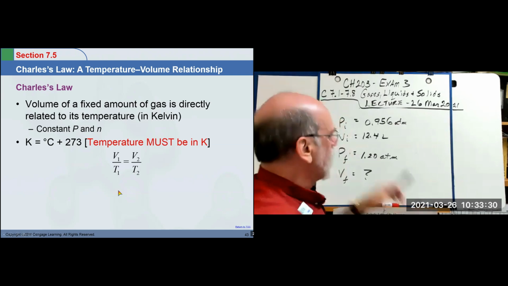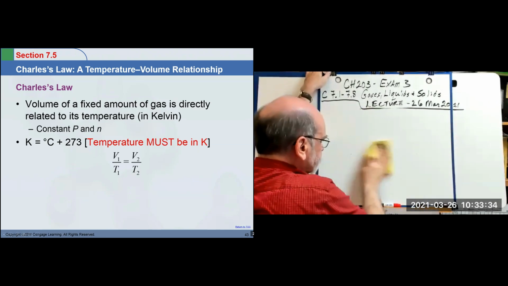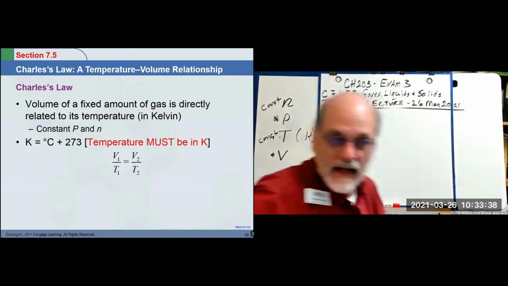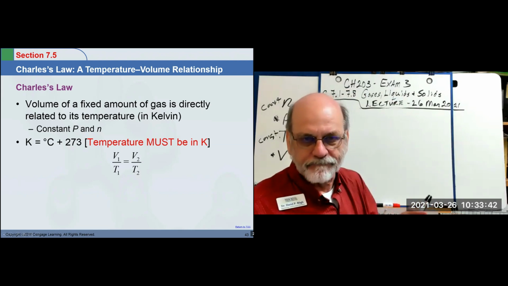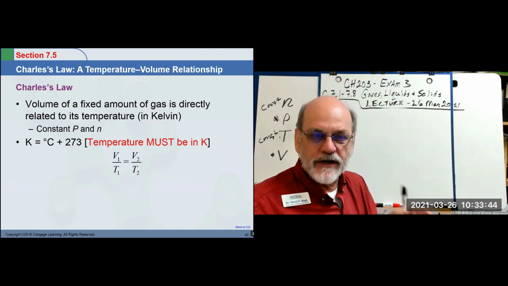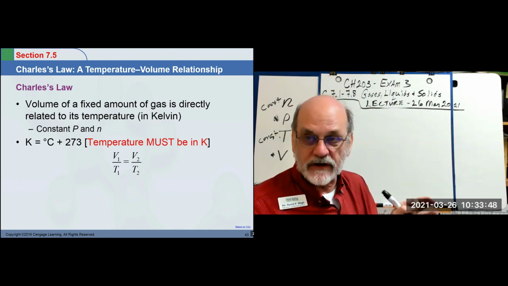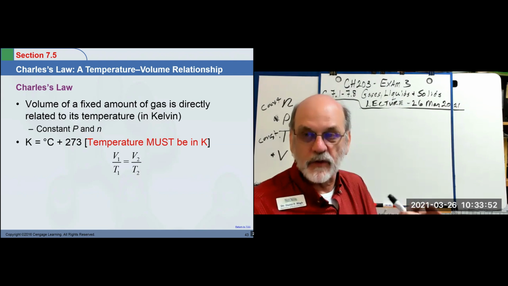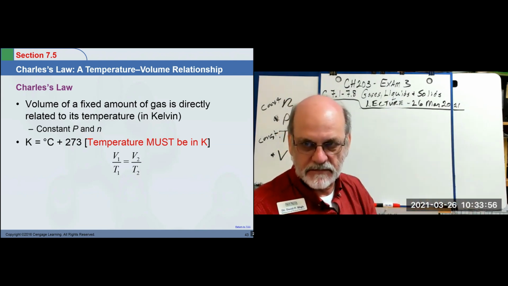All right, Charles' law. Charles came along several decades later, and Charles, a Frenchman, was able to do his experiments because a reliable measuring device for temperature was developed between Boyle's and Charles' time frame.